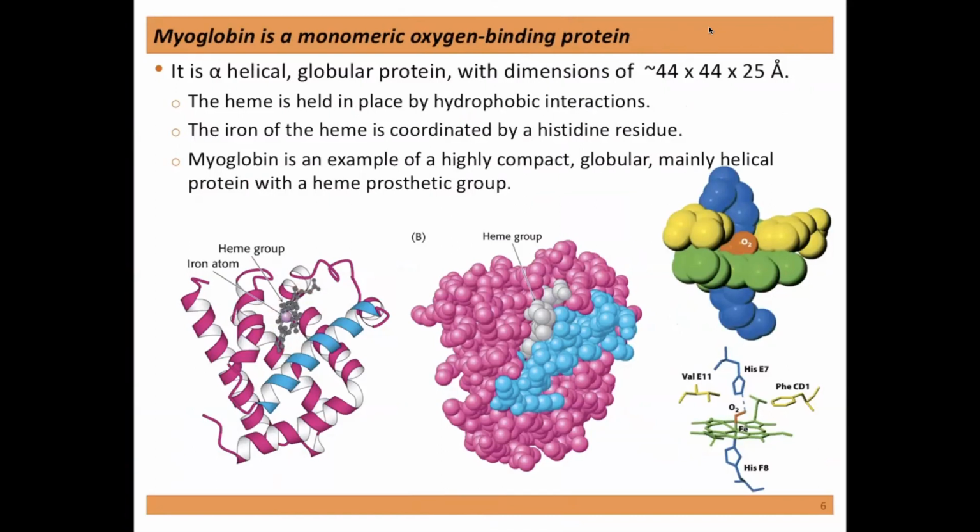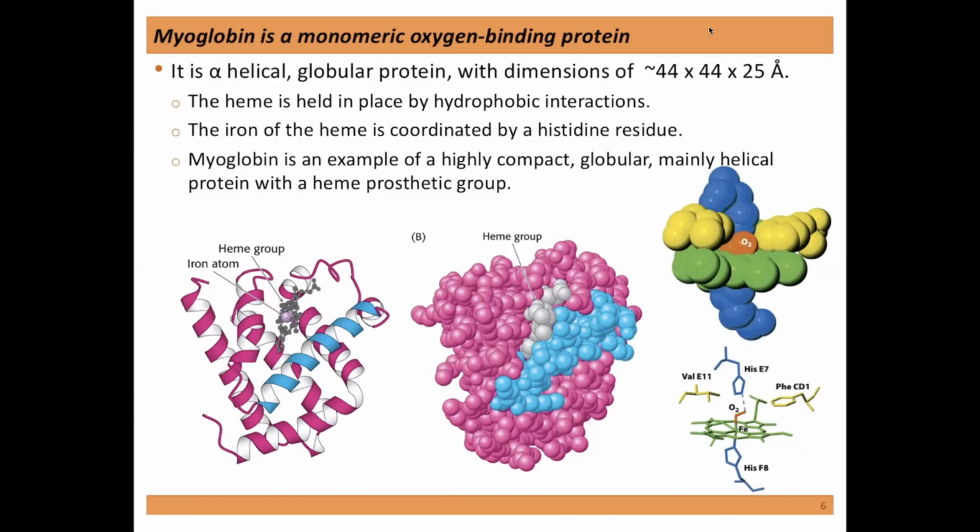The heme is held in place by hydrophobic interactions. So it's non-covalent, but hydrophobic interactions stabilize its position there. And then the iron is actually coordinated by a histidine residue coming from the protein there. Myoglobin is an example of a highly compact globular protein with mainly helical structure, so this would be classified as an alpha helical protein.